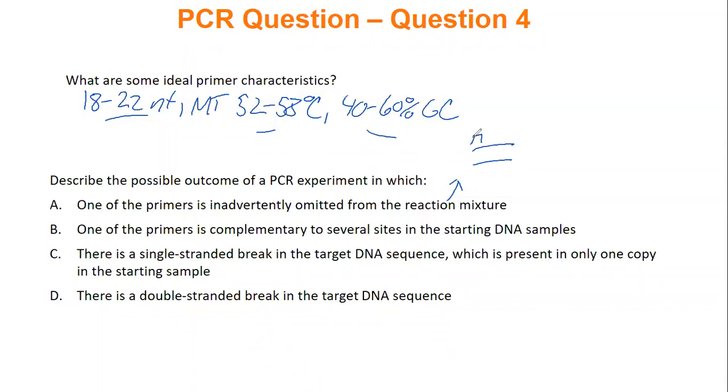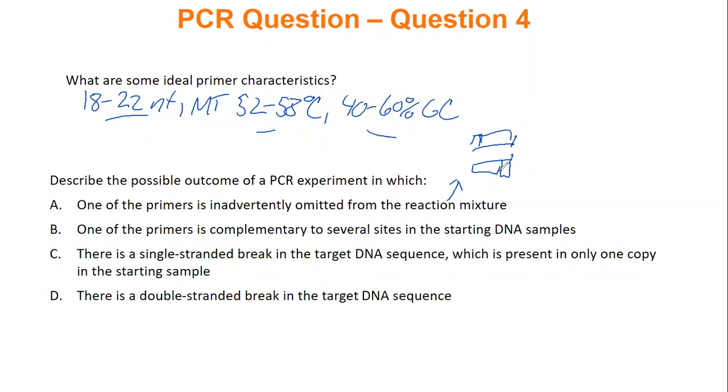If I only have one primer, then I'm only going to duplicate one strand over and over again. So I'll only have a lot of copies of a single strand of DNA, and I won't have the other copy that I need. I won't be able to properly make my sequence. That's why you need both primers. Both primers copy both strands of DNA, and they also dictate what section of DNA will be copied over and over again. If you only have one primer, you can't do that.